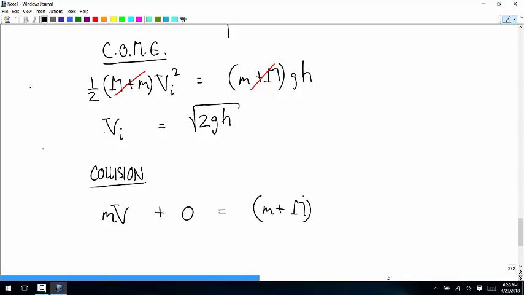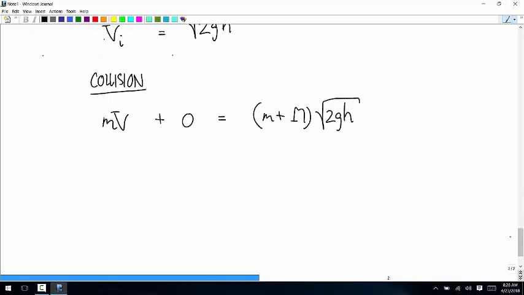And what's that? That's our V intermediate that we just solved for, so that's the square root of 2gh. And so the speed of the bullet before the collision is the quantity big M plus little m over little m times the square root of 2gh.